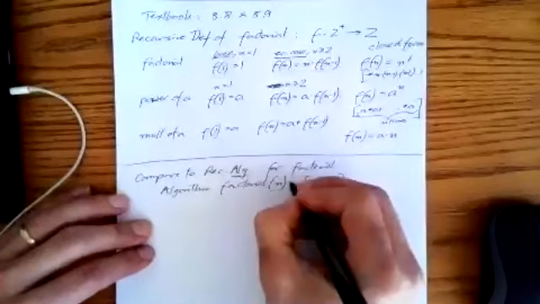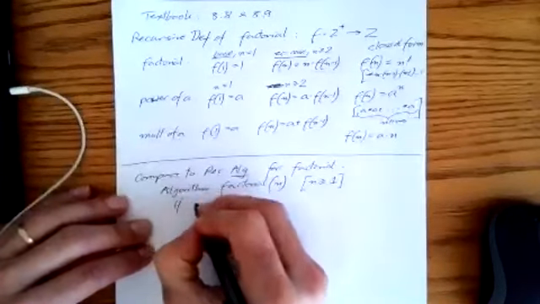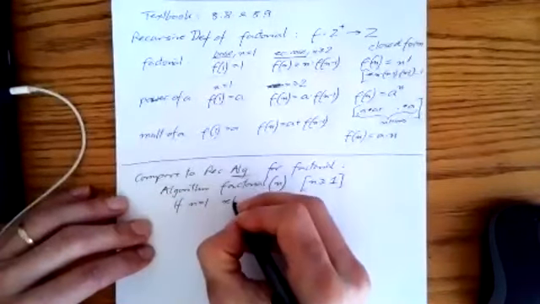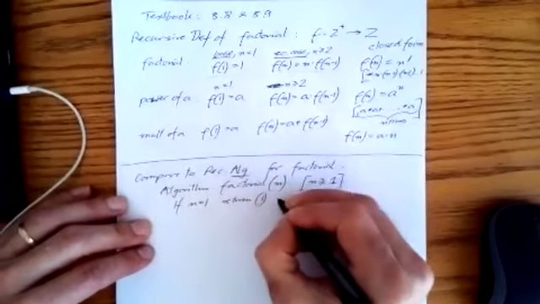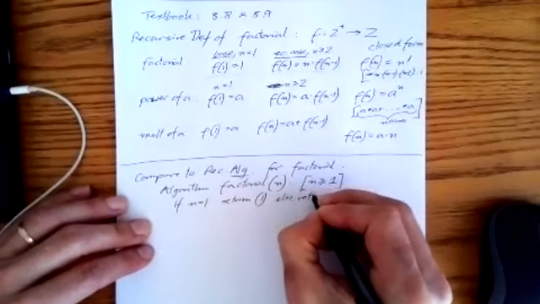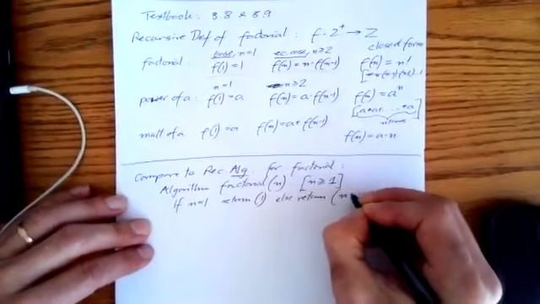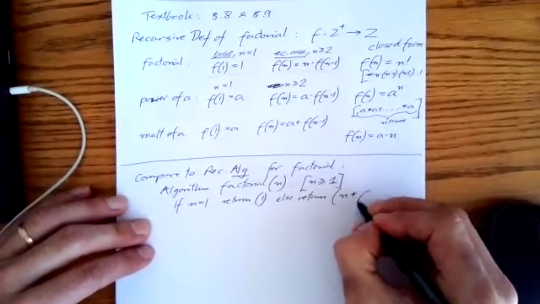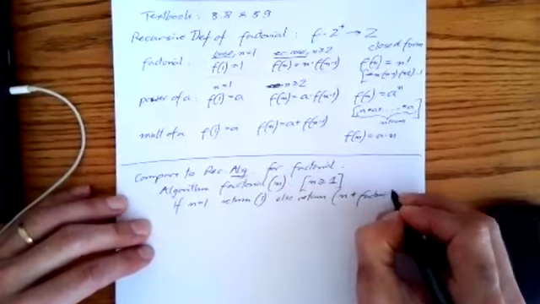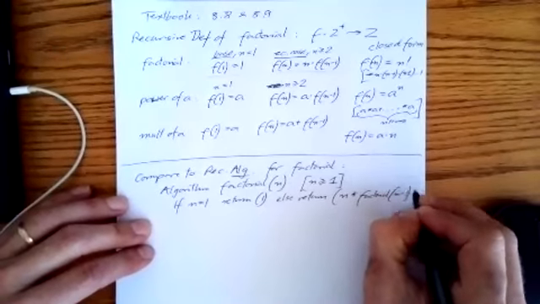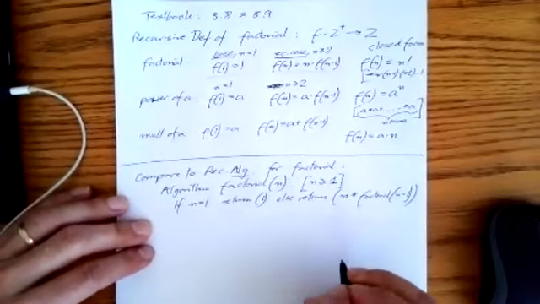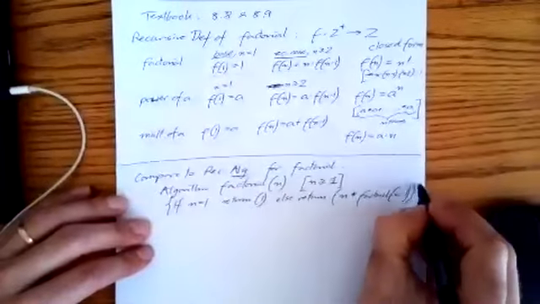If n is 1, return 1, else return n times factorial of n minus 1. And end of story. That's the whole code.